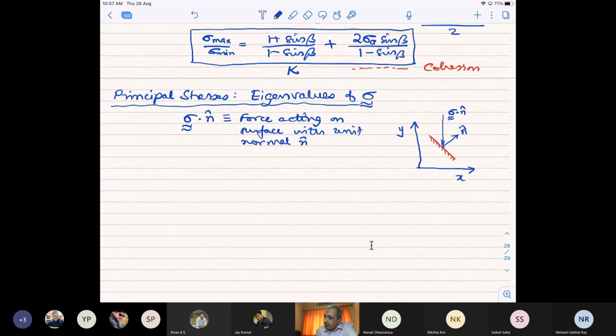Now we want to choose, if we define this as t, the tangent vector, then t dot sigma dot n, this is the force, of course, this is of course per area.